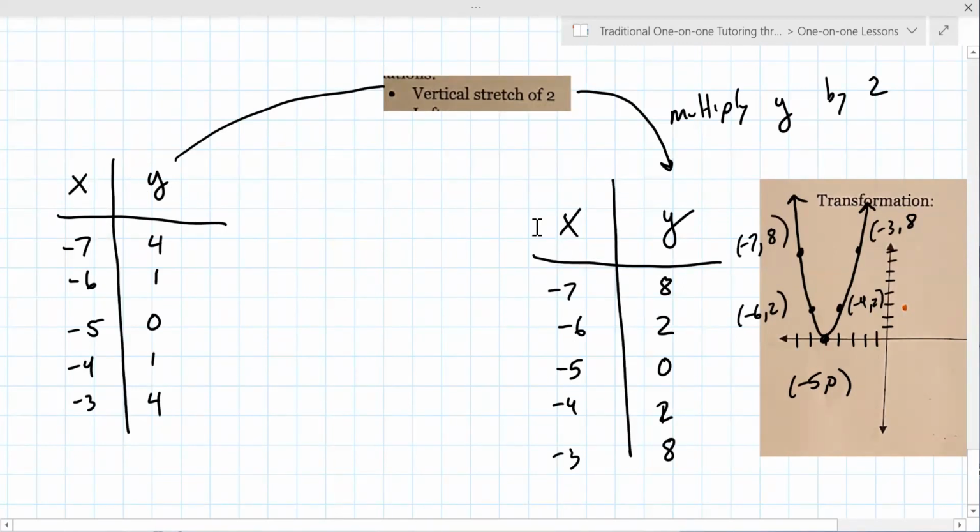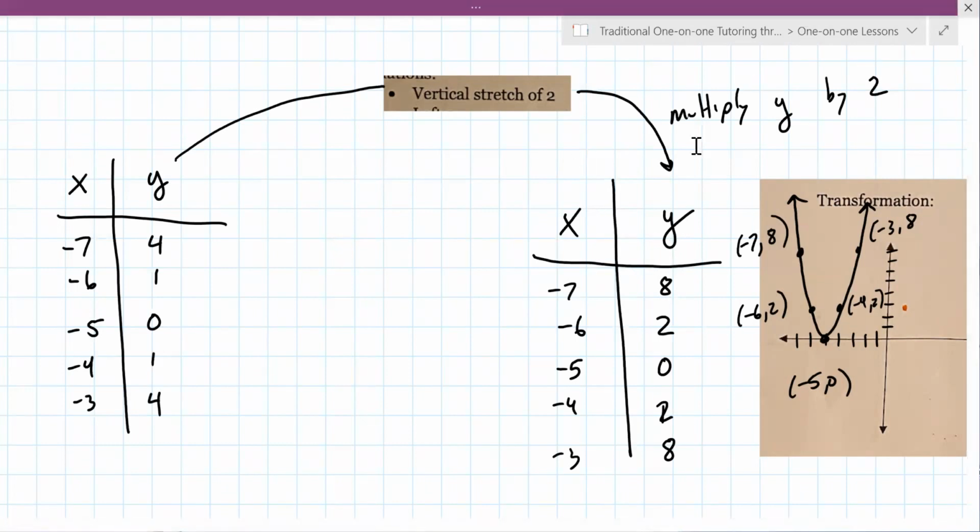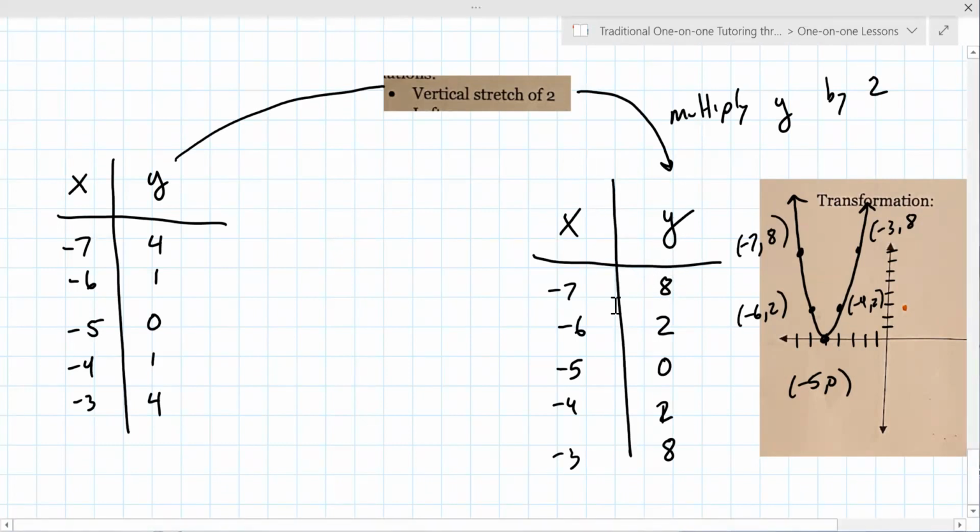Wait, do I have to copy down the tables? I didn't know. Well, no, you don't have to, but I would recommend doing that. Okay, let me just do that. That's why I'm trying to make sure I know what you're doing. I have to write all this down. Okay, it's okay.